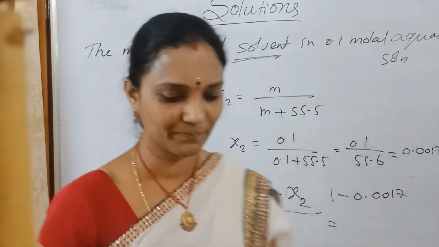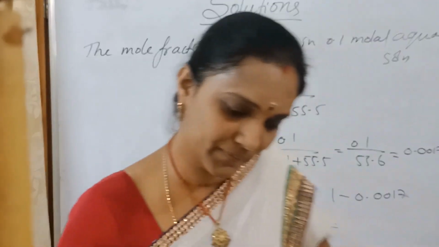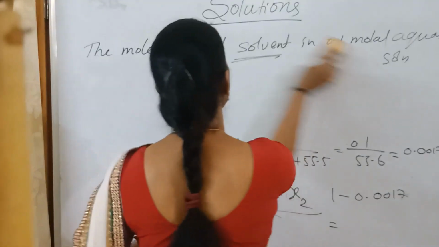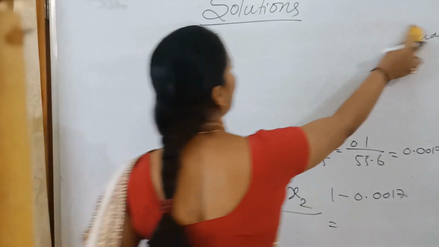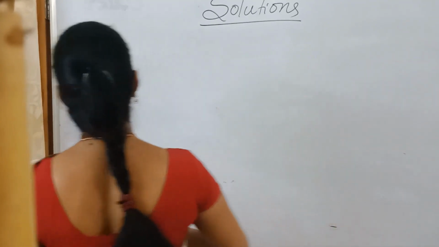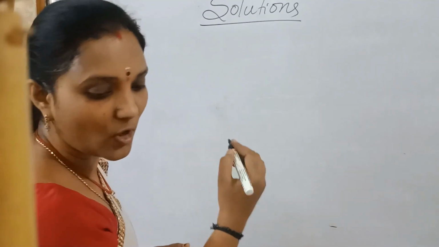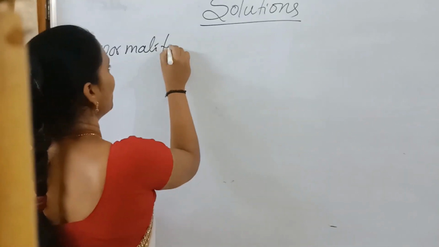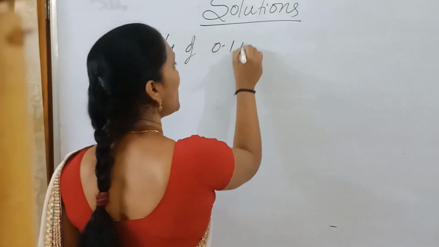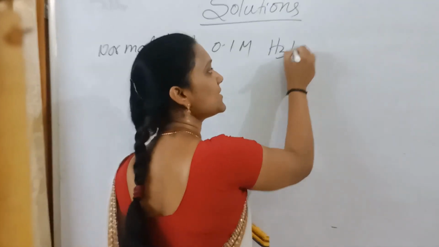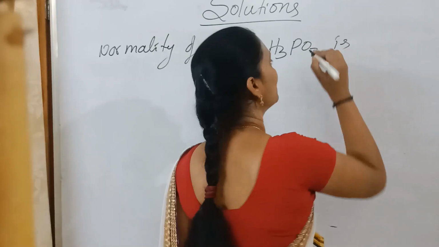So next problem: normality is given, what is the molarity? Very simple problem. Now, a problem based on the relation between normality and molarity. So the normality of 0.1 m H3PO3.